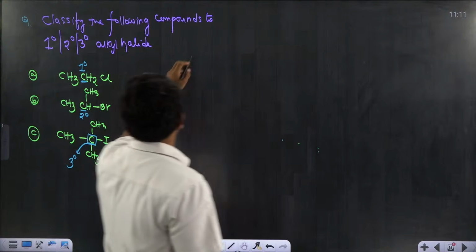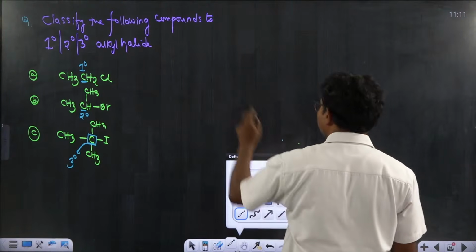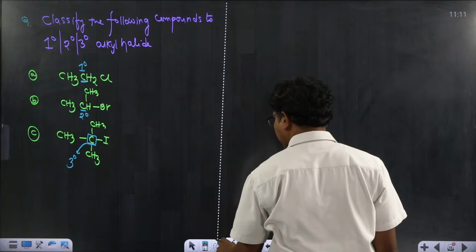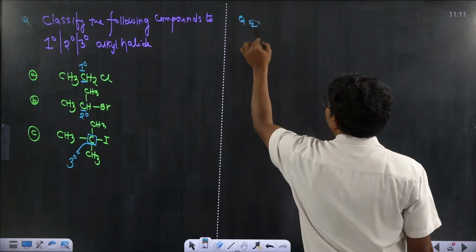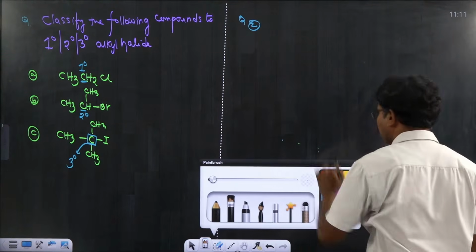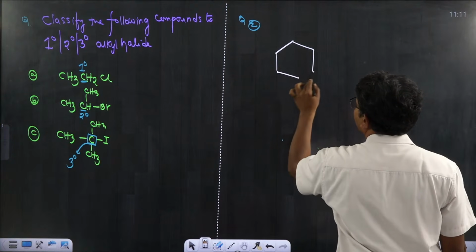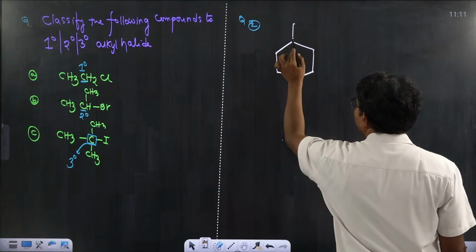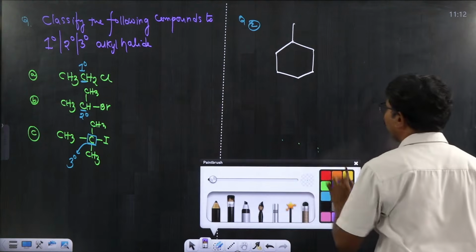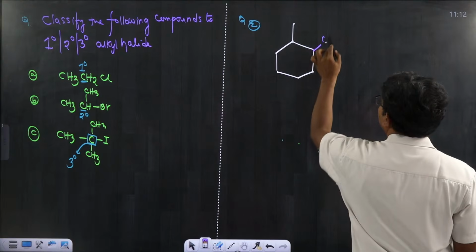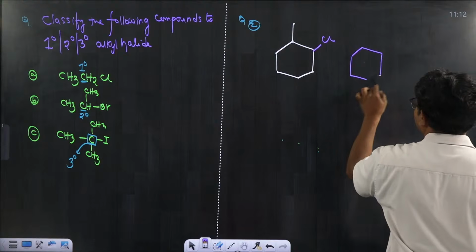Now, I am going to give another question. Try to work on this question also. Question number 2. As I told, we can represent hydrocarbons with bond line representation. In that process, I am giving a few examples.